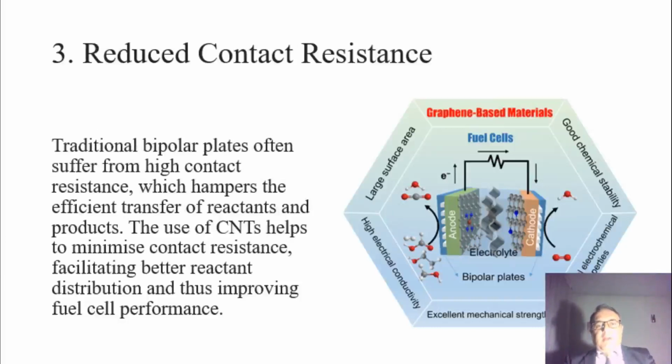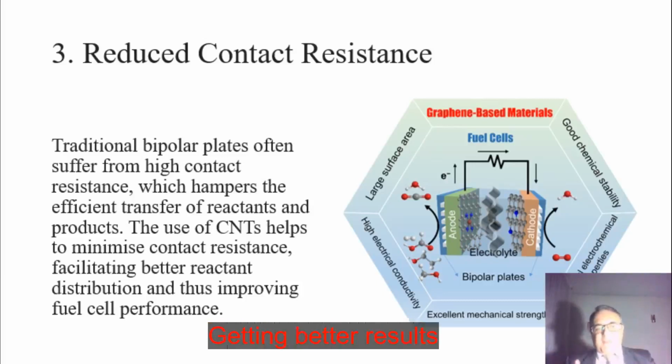With the traditional bipolar plates, most of the time we really got a high contact resistance. When we use the CNT, the carbon, and also the carbon nanotubes, the result can be a better reaction, and that is very good. We will show you the balance between them.